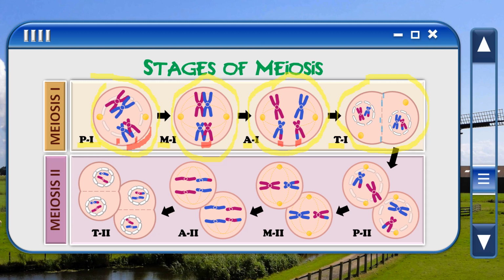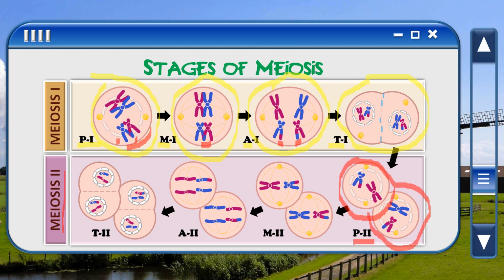Now, after meiosis 1, we go to meiosis 2. In meiosis 2, we start with prophase 2. In prophase 2, we have distinct condensed chromosomes, even in the other cell.